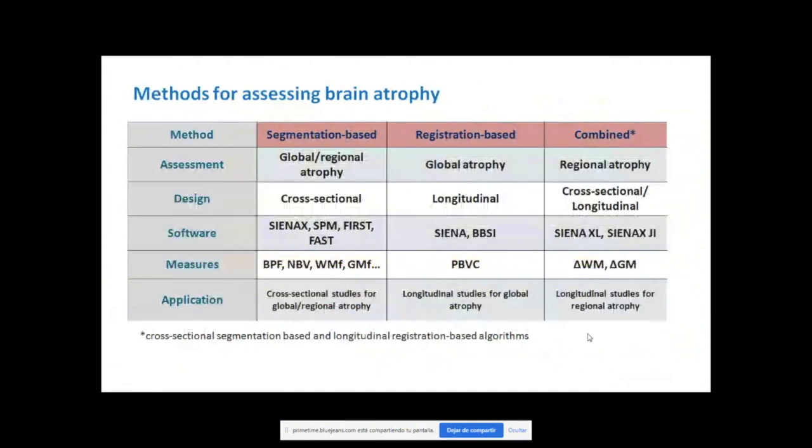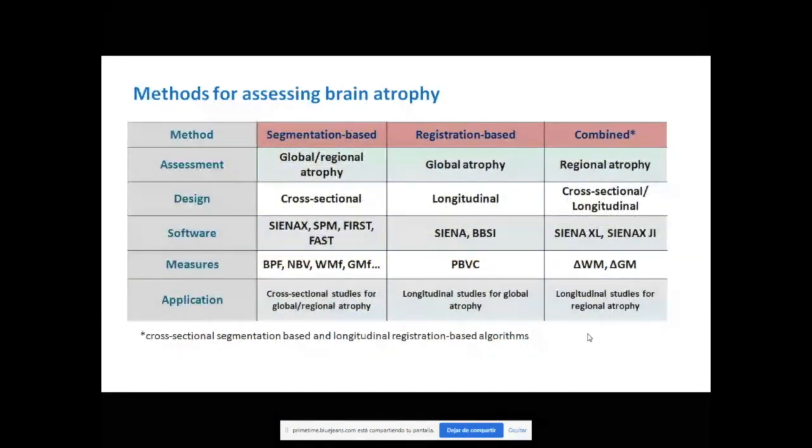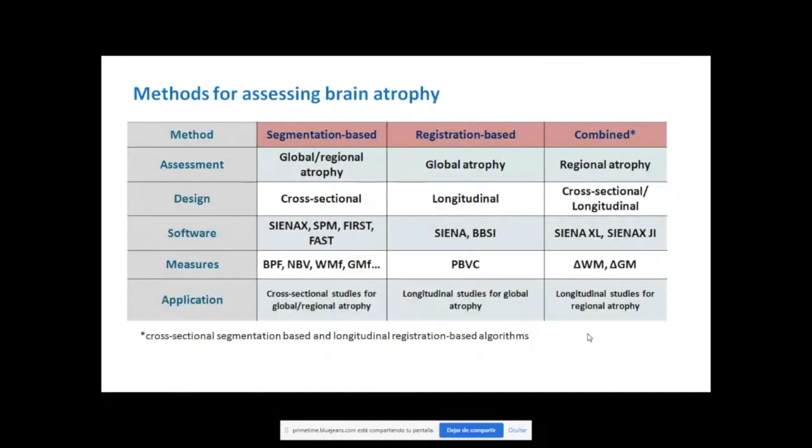Another point is which are the different tools that we have for assessing brain atrophy. And I think it's important to classify them into 3 main groups. Those that are based on segmentation tools. The second group are those based on registration tools. And finally, more recent tools combine both segmentation and registration.